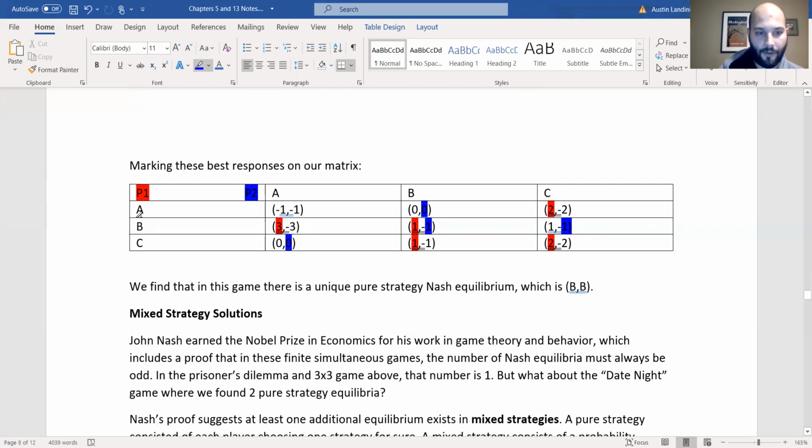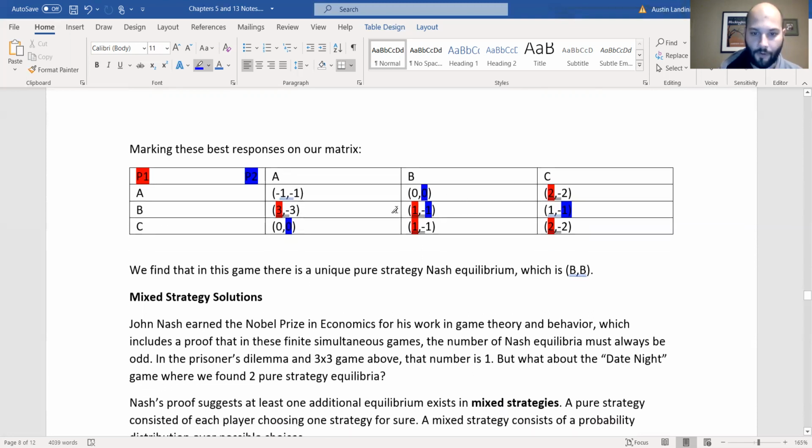What about for player two? If player one is choosing A, they can have -1, 0, or -2. B is the best response. If B, you can have -3, -1, or -1. So B or C would be a best response. If C, 0, -1, -2, A is the best response. All right, so we're looking for an overlap of best responses, which occurs right here at BB.